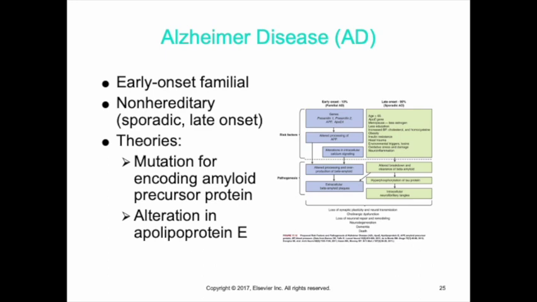They contribute to neuronal death. These tangles are flame-shaped. Neuritic plaques and neurofibrillary tangles are the more concentrated in the regions of the cerebral cortex and the hippocampus. And remember, the hippocampus is the area of our brain that's important for memory.